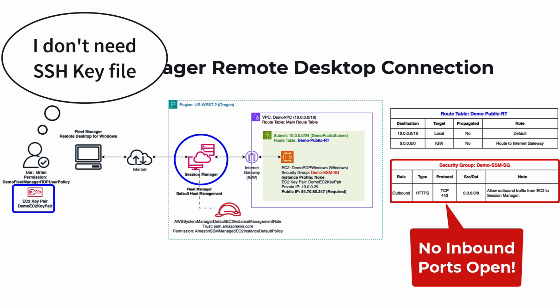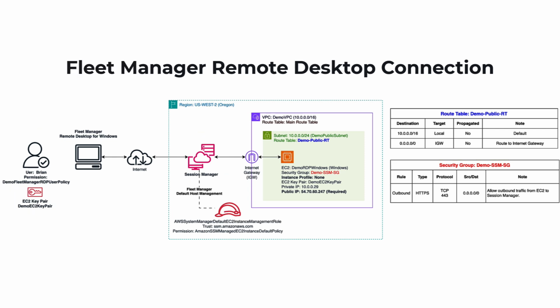If you're going to use Session Manager to connect to EC2, then it's very easy to use Fleet Manager's default host management feature. The setup for default host management is simple, and it provides a consistent, centralized solution for connecting to your EC2 inside your account and region.